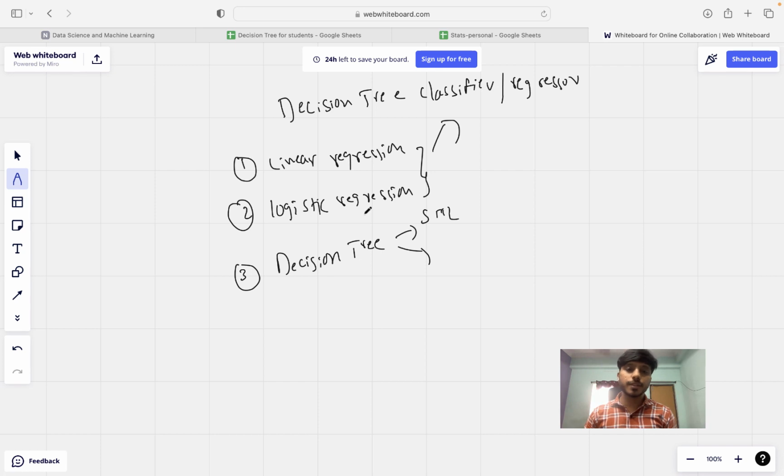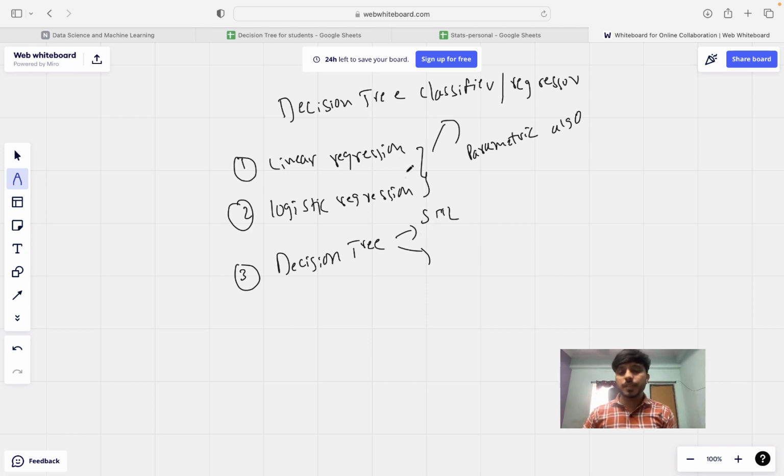The first answer is, these two algorithms are called parametric algorithms. Just like parametric tests, hypothesis tests in statistics, all the tests that have assumptions within them, or want those assumptions to be met before you apply those tests or algorithms, are called parametric algorithms.